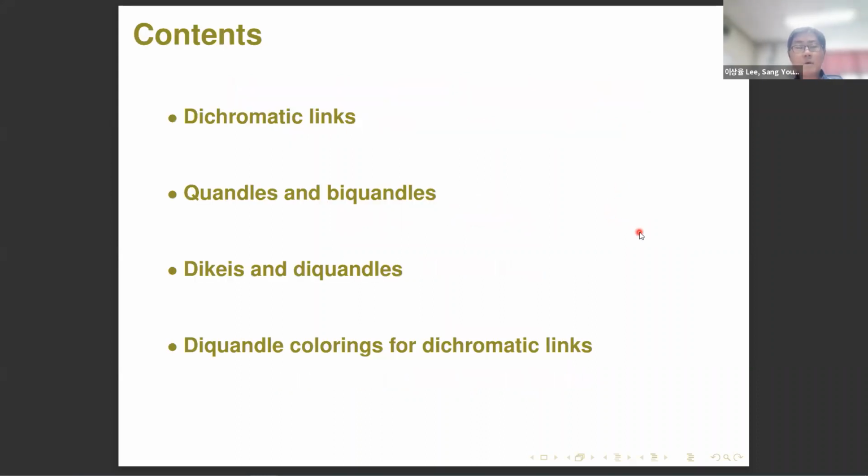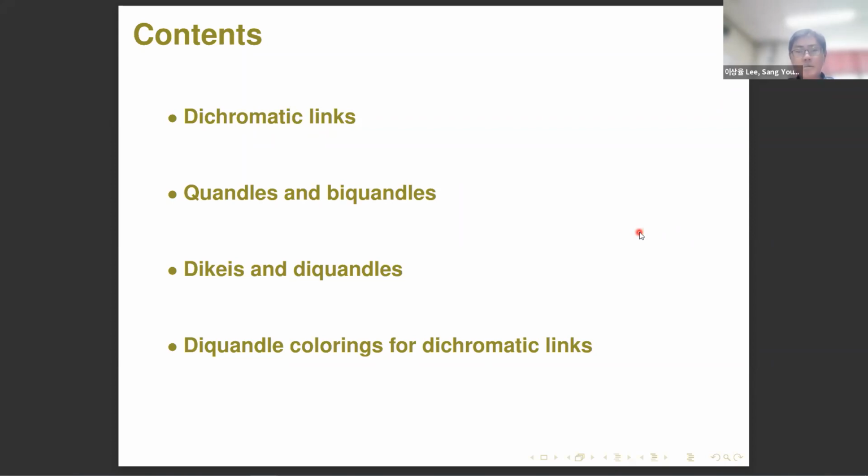Here is the outline of today's talk. First, I introduce some basic terminology of dichromatic links, and then I recall the quandles and the biquandles. Next, I introduce the dicays and diquandles.